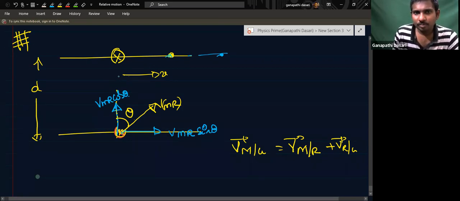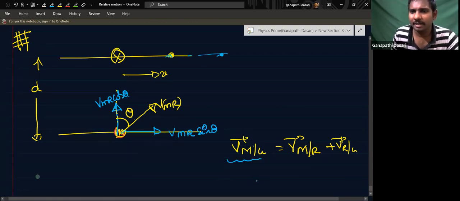Now, what is the velocity of the man with respect to ground? VMR can be written as VMR sin theta i cap plus VMR cos theta j cap, or not?